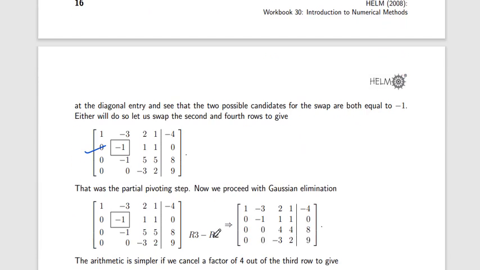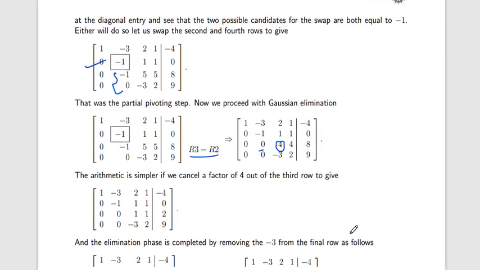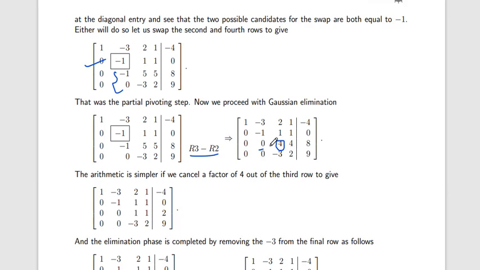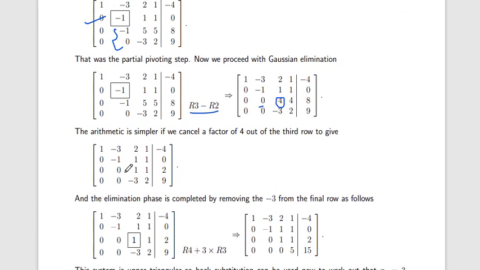So now we want to transform this value into 0. So how do we transform? R3 minus R2, addition of these two rows, so we will get 0 4 4 and 8, okay. Now let's talk about the third row and third column 4.